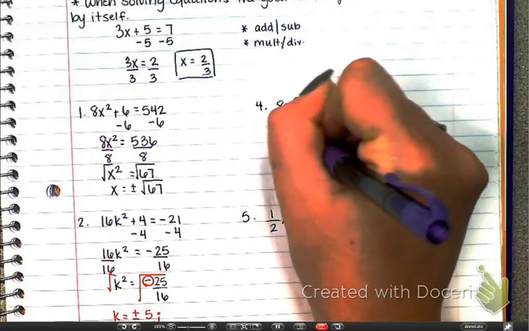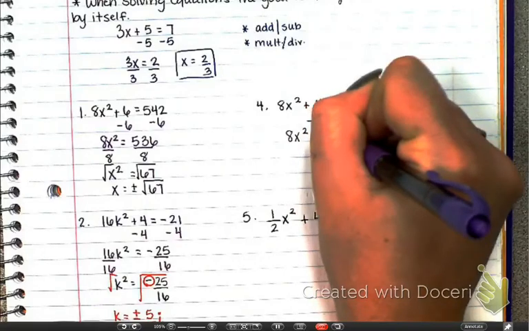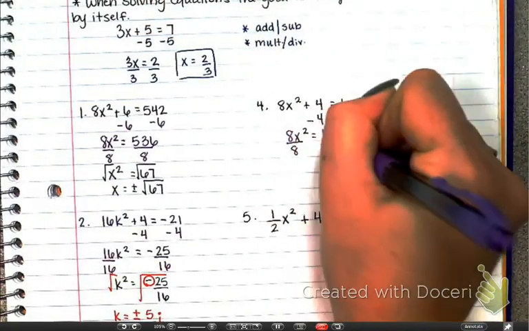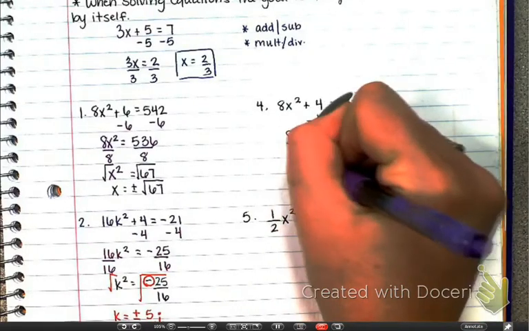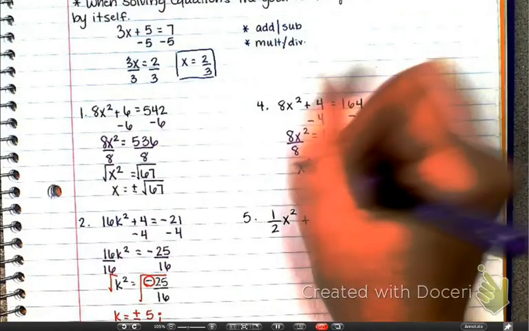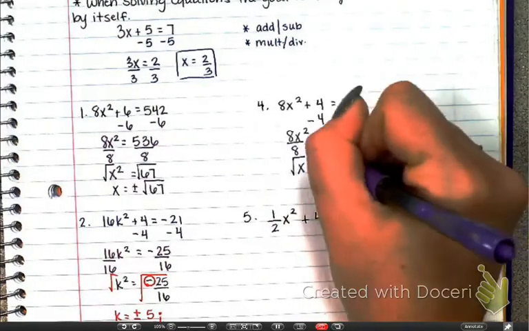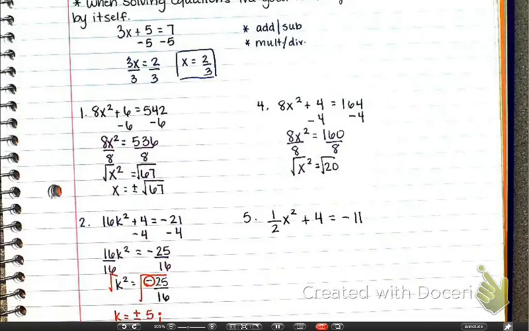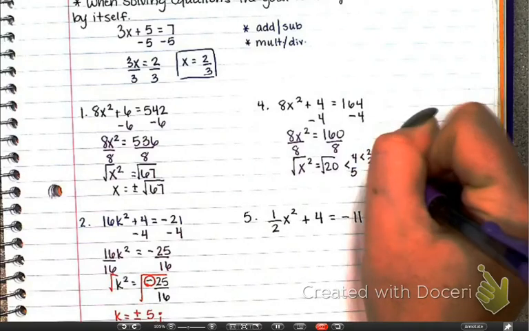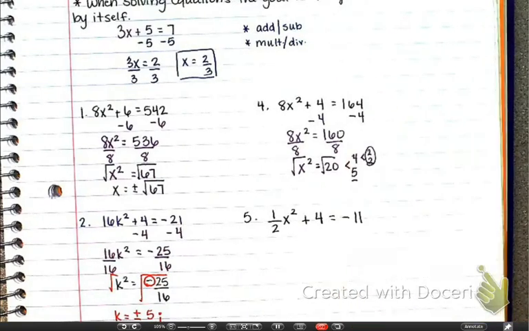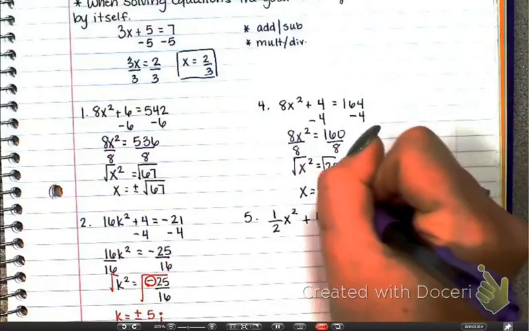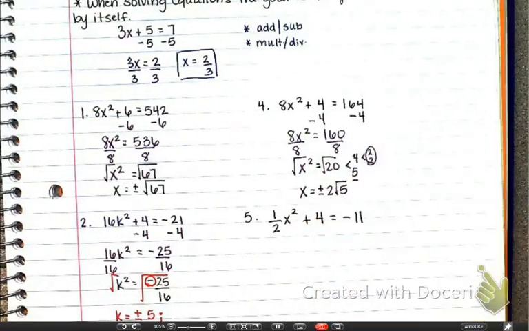So 8x squared equals 160. Divide both sides by 8. x squared equals 20. When I take the square root, I know I can break down 20. It's 4 and 5, and 2 and 2. So I have a pair of 2's and a leftover 5. So x equals plus or minus 2 square root of 5.